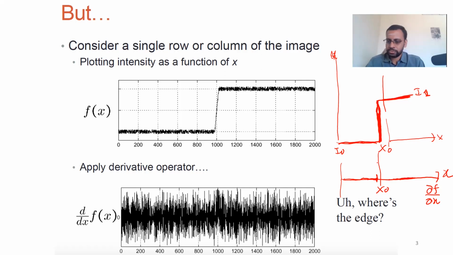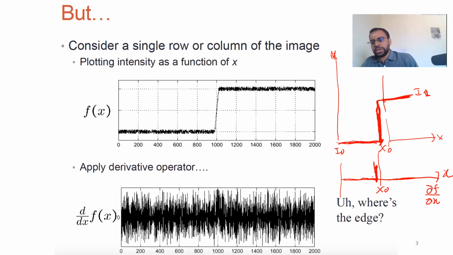It's a positive peak. Because you are using the forward difference scheme, here you get I1 minus I0. What about the one on this side? For a pixel here, this minus this would give you a peak here. That's how you would get it.